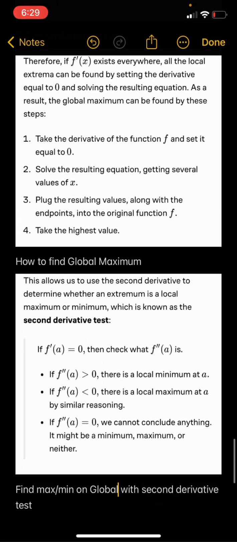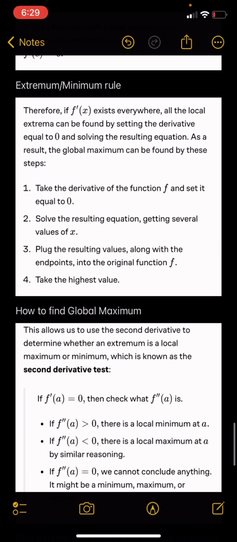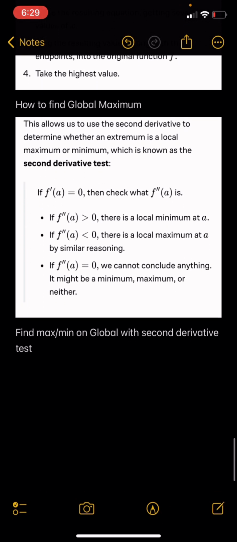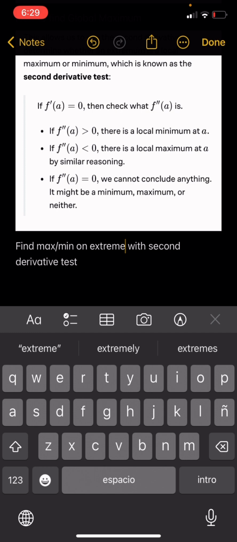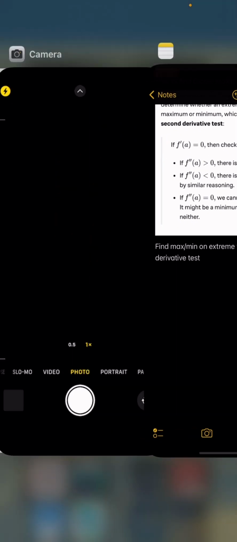Extreme, extreme local. Yeah, extreme is an extreme. Second derivative test.